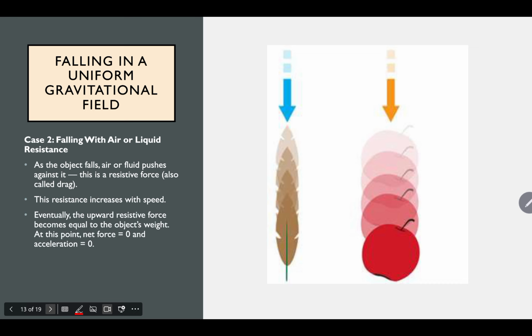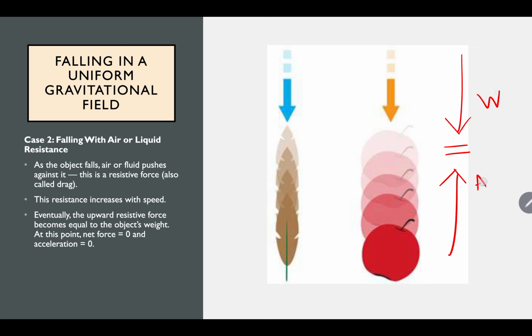So eventually, you'll reach a point where the upward resistive force becomes equal to the object's weight. At this point, the upward force, which is the air resistance, will be equal to the downward force of your weight. So what is my net force? 0.